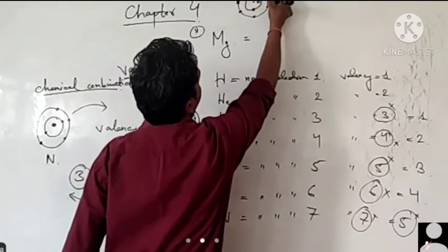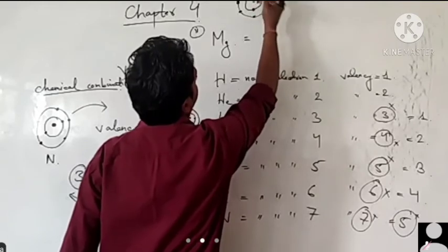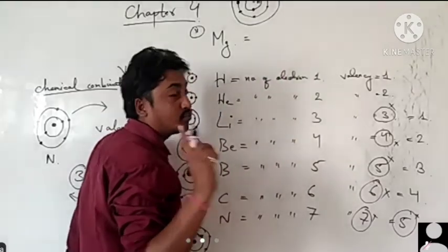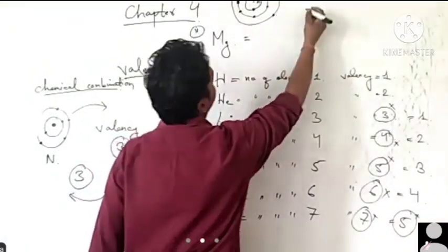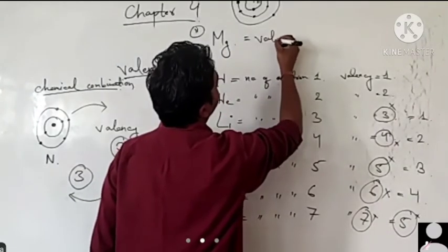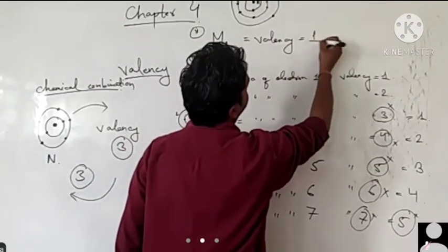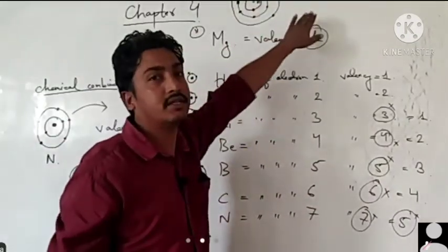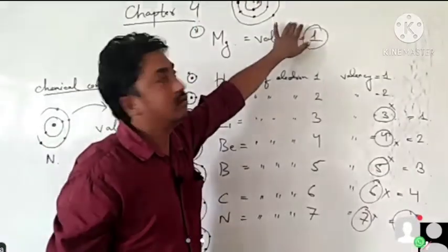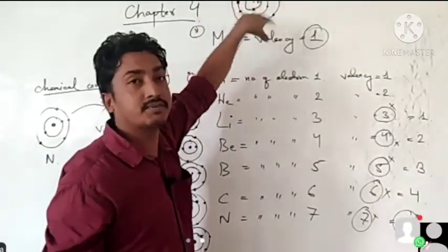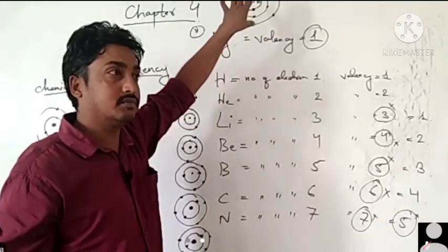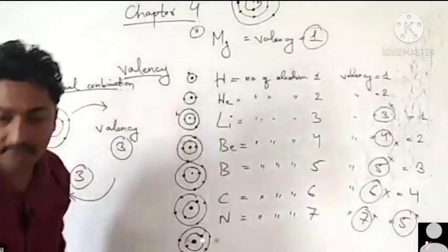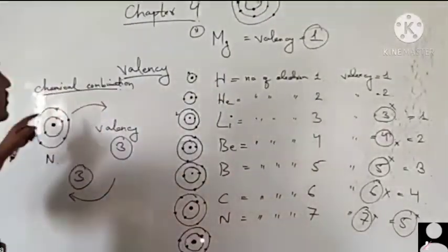In the L cell means 8, and 2, 10. So in the outermost cell, the M cell, we can put only 1 electron. So the valency of magnesium will be 1. Understood? So here we have taken K, L and M cells because the inner cells have achieved an octet number. Now let's have an example here. We have taken K, L, M cells.